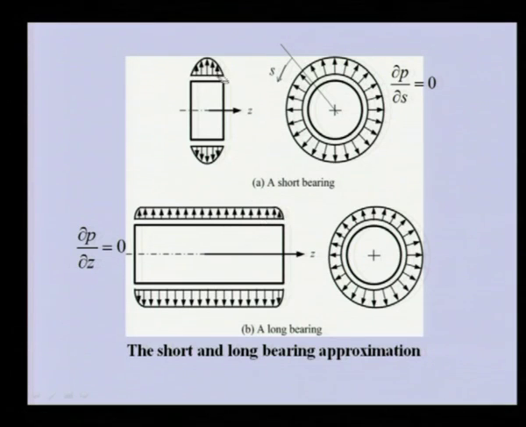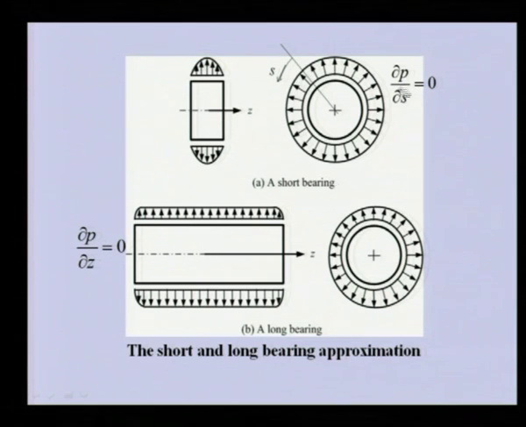If the bearing length is short, the pressure is atmospheric here and also here, so up to the center there will be a continuous variation of the pressure. That means the variation of the pressure in the axial direction will be there in the short bearing, but in the circumferential direction the pressure variation will be relatively less, and this can be ignored.